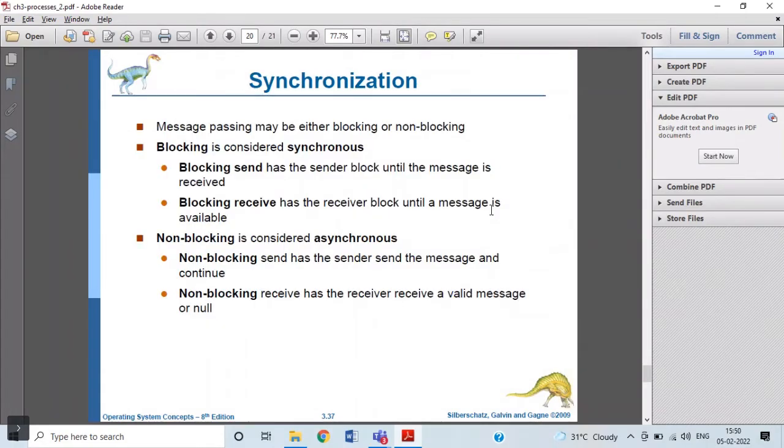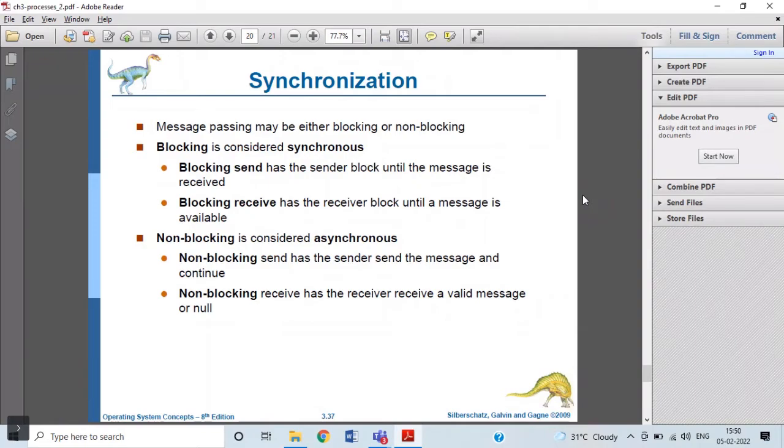Synchronization: message passing may be either blocking or non-blocking. Blocking is considered synchronous, and non-blocking is considered asynchronous. Synchronous means whenever a sender sends a message to a receiver, until it gets the acknowledgement, it won't send the next message to the receiver.